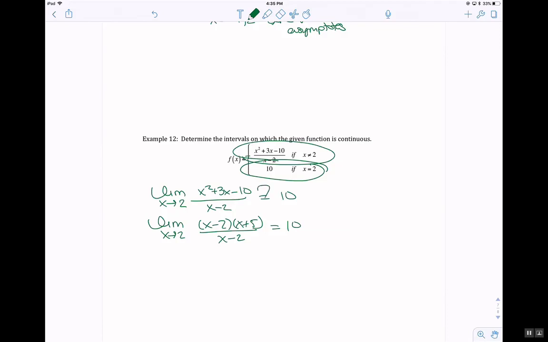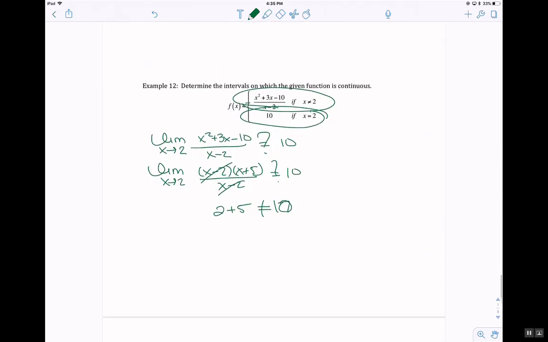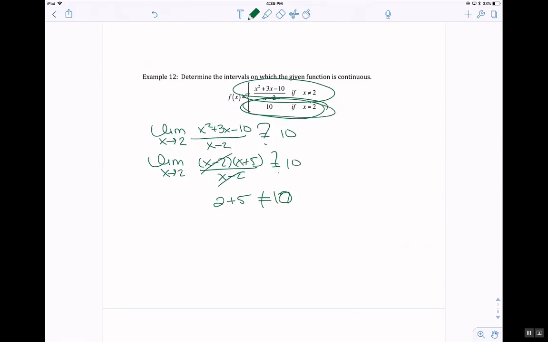So if this is continuous everywhere, then these are going to be equal to each other, and we don't know that yet. So we can cross those out. And then we get 2 plus 5, which is not equal to 10. It's equal to 7. So that means that it's continuous everywhere except for when x is equal to 2.